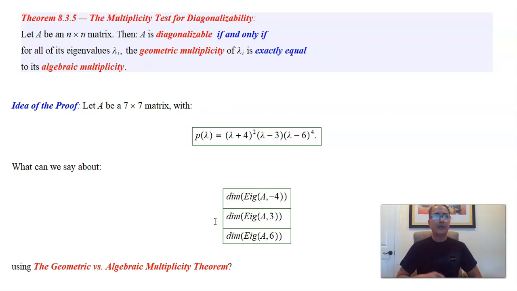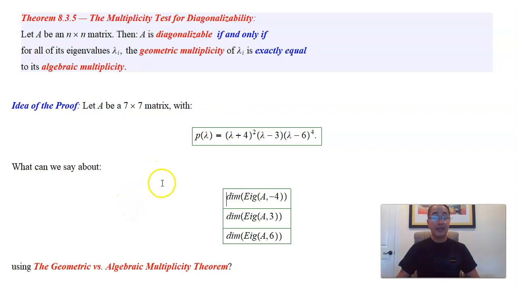Okay, so in all fairness, we are not going to give a general proof for this theorem. We're going to give you the idea though. The problem with the general proof is that the notation gets messy. So I'm going to keep it simple with just a demonstration on this example.